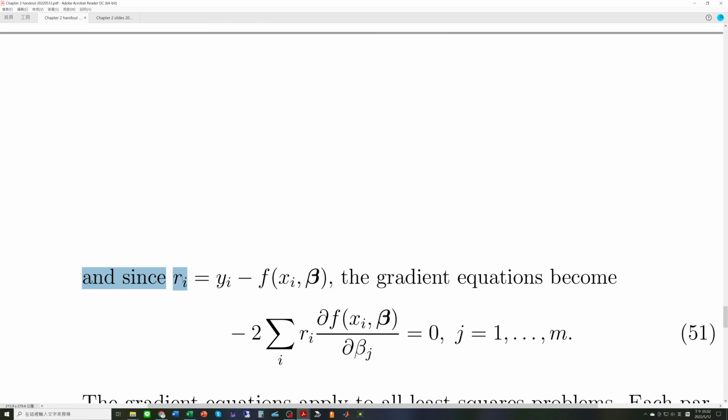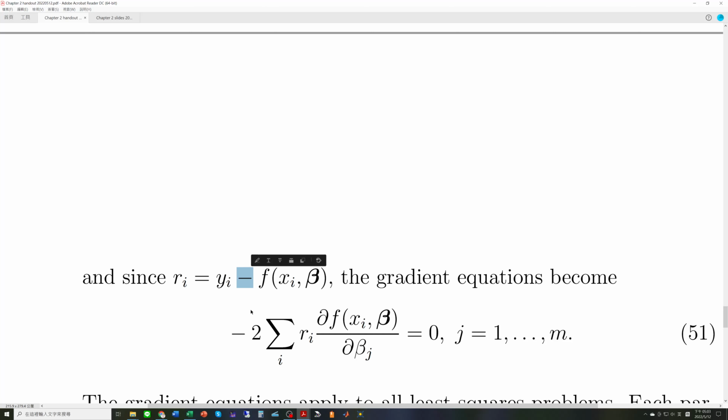Since Ri is equal to yi minus f of xi beta, the gradient equations become, originally, the term partial Ri over partial beta j. When calculating the partial derivative, you can treat yi as a constant, so partial yi over partial beta j is equal to 0 and it disappears.